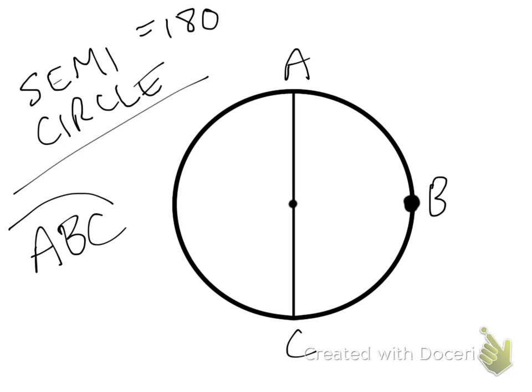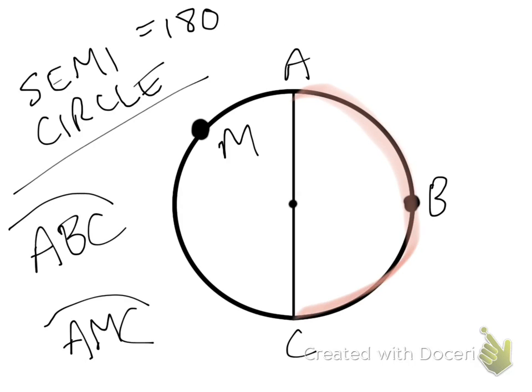The reason we use three letters is, what if over here I have M? Another semicircle for this example would be AMC. It helps us distinguish which way we're going. ABC would be this way, and then let's see if I can get back to that color, probably won't be able to, to be honest.